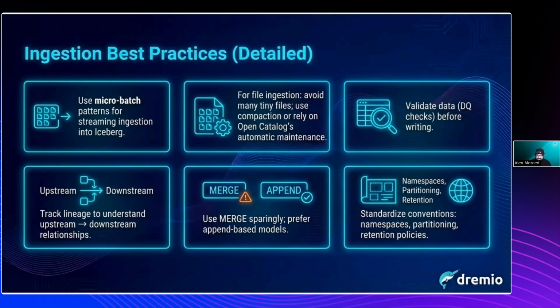A lot of times you hear bronze, silver, gold, but it doesn't have to be that. People use all sorts of different names, whether it's raw, staging, production, and so forth. Is this the data without any changes? Is this the data in some sort of intermediate state, or is this the data in the final usable state? You want to have some sort of terminology to distinguish those 3 things.